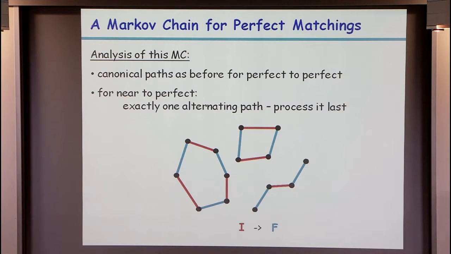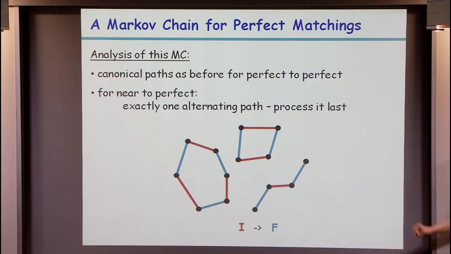Okay, so the analysis of this Markov chain is very similar to the previous one. The canonical paths are kind of the same, with one small exception, which is, well, if we have a path between a perfect matching and a perfect matching, Jean told us that if we take two perfect matchings, we have wonderful alternating cycles, and we just do it exactly the same way as before.